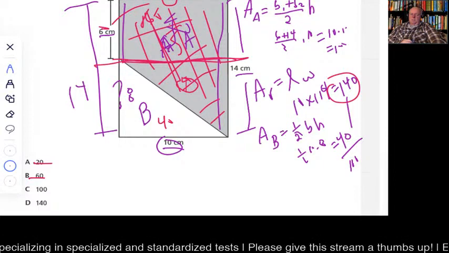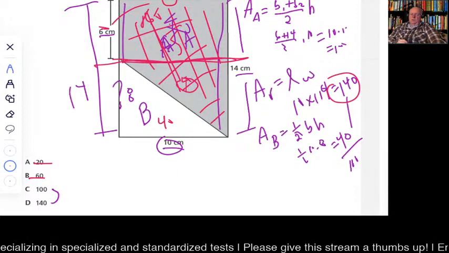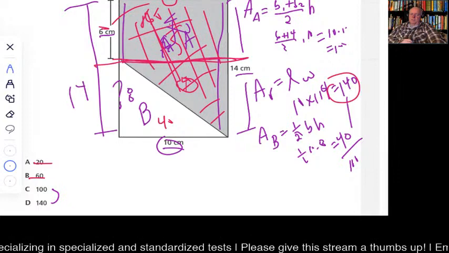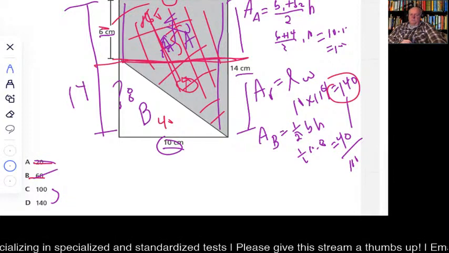But if nothing else, you're left with a 50-50 chance at that point. And if you weren't sure of the formulas, by ruling out A and B, you could probably pin down what the formula was or figure it out.